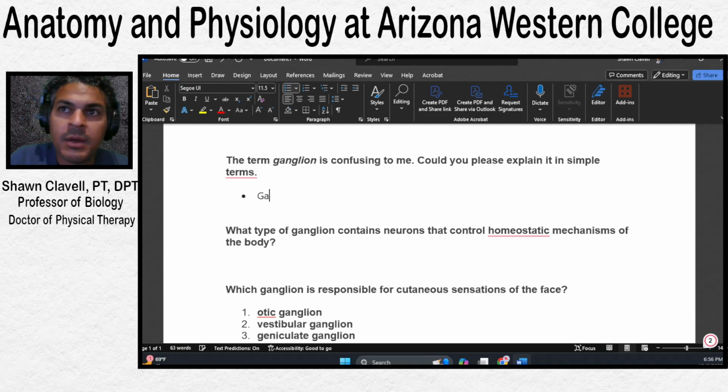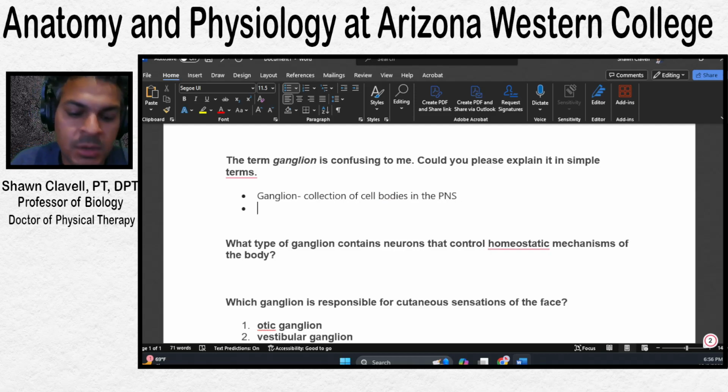The ganglion is a collection of cell bodies in the peripheral nervous system, and a collection of cell bodies in the central nervous system is referred to as nuclei. So you've got these two different terms that we should start to get familiar with.